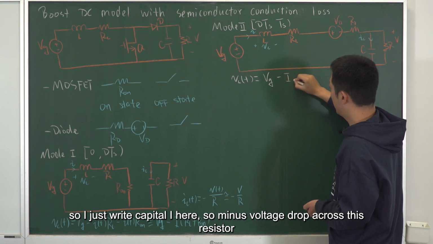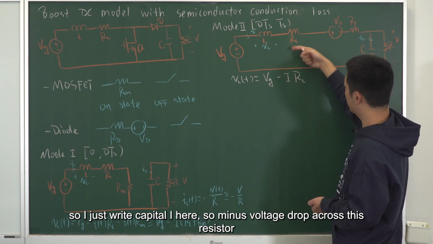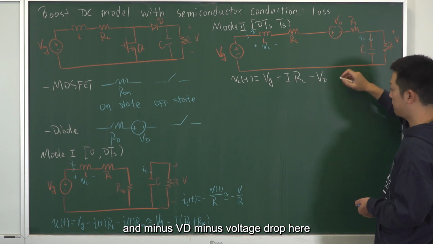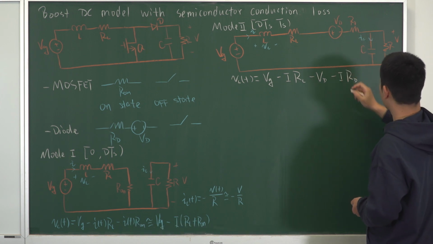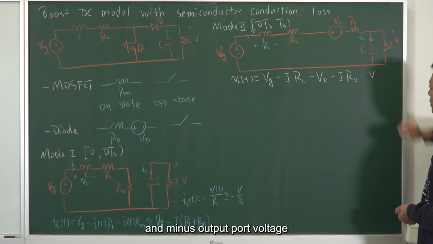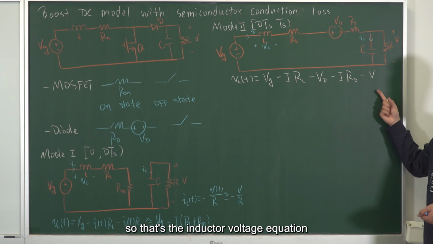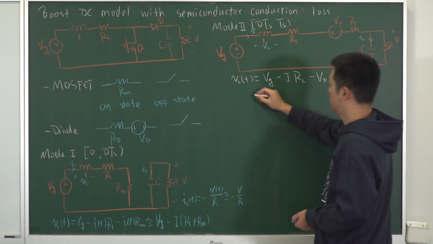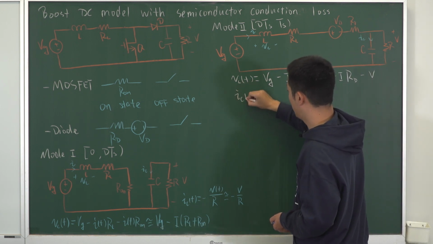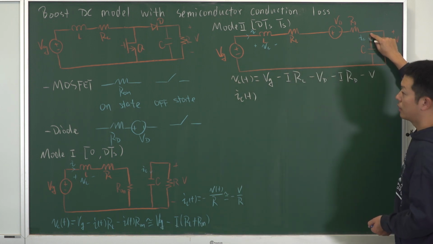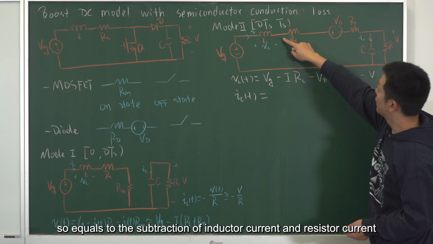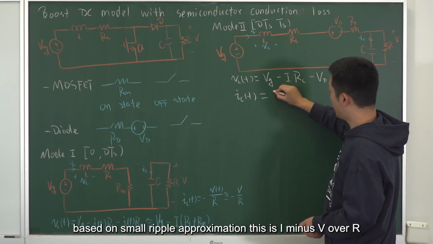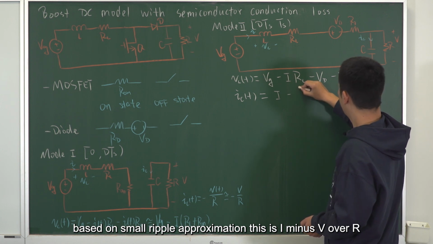So minus the voltage drop across this resistor, minus VD, minus the voltage drop here, and minus the output port voltage. That's the inductor voltage equation. Next, the capacitor current equation. Based on KCL in this node, it equals the subtraction of the inductor current and the resistor current. Based on the small ripple approximation, this is capital I minus capital V over R.